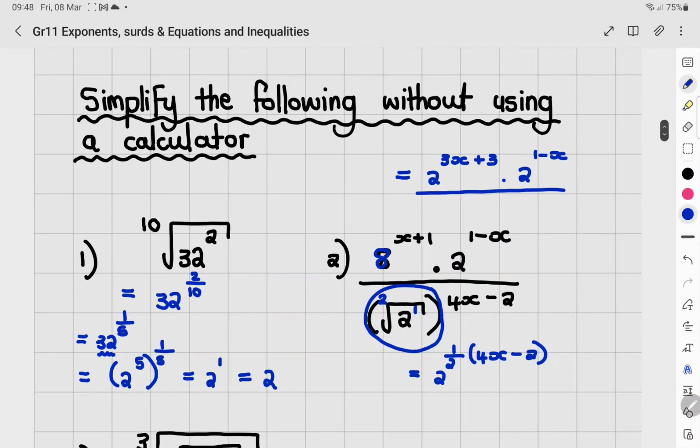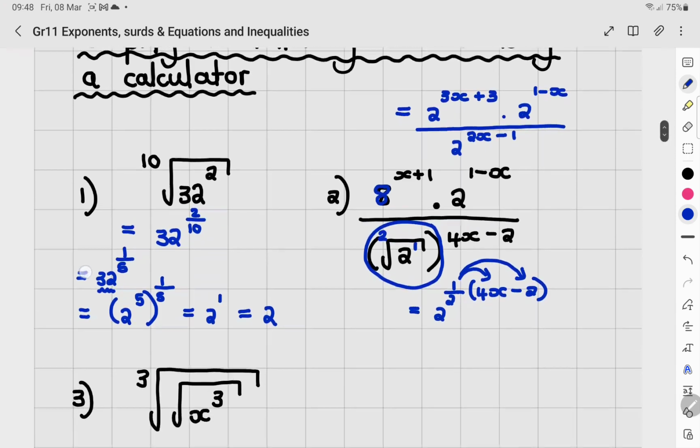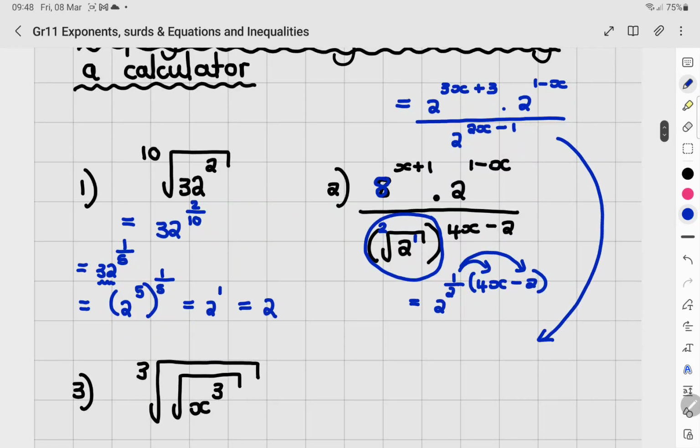Okay, so I'm just displaying it over there. So now I'm going to write my 2 over here, and then I'm going to distribute my half in. And a half times 4x is 2x, minus a half of 2 is 1. And then I'm going to take it further over here. Let me just erase this so you don't get confused.